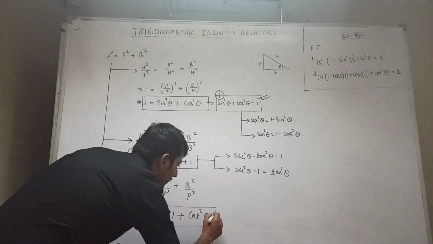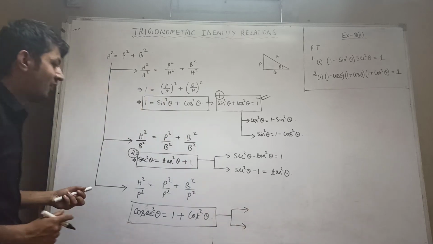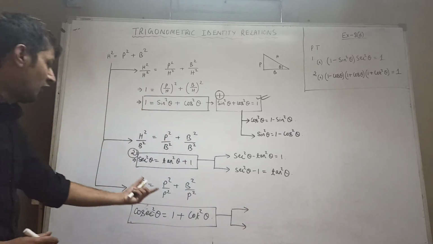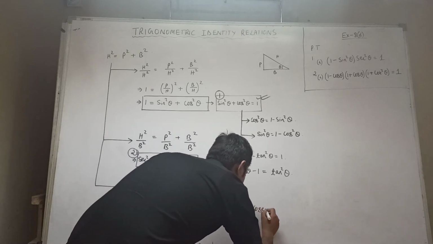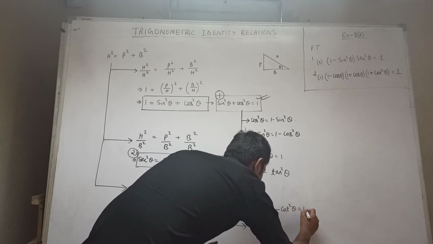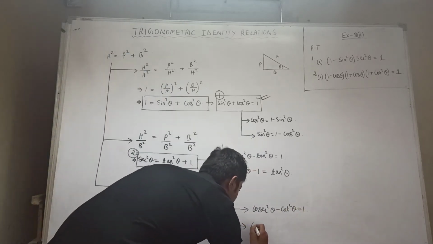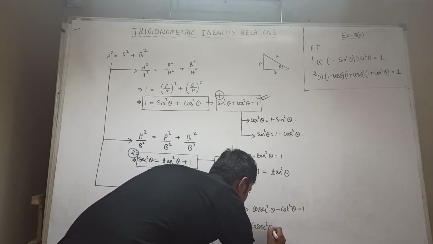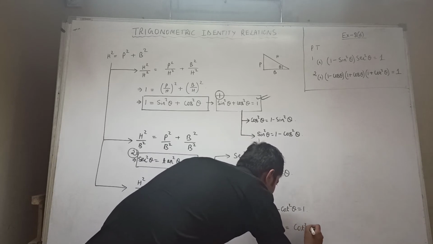So let's see. From here you can get another 2. So what are the next 2? Let's see the next 2 formulas from here. So it will become cosec square theta minus cot square theta is equal to 1. And what will be the next? The next will be cosec square theta minus 1 is equal to cot square theta.